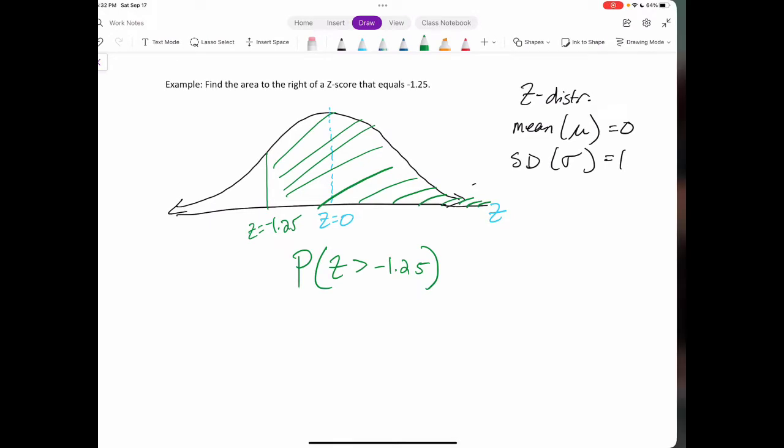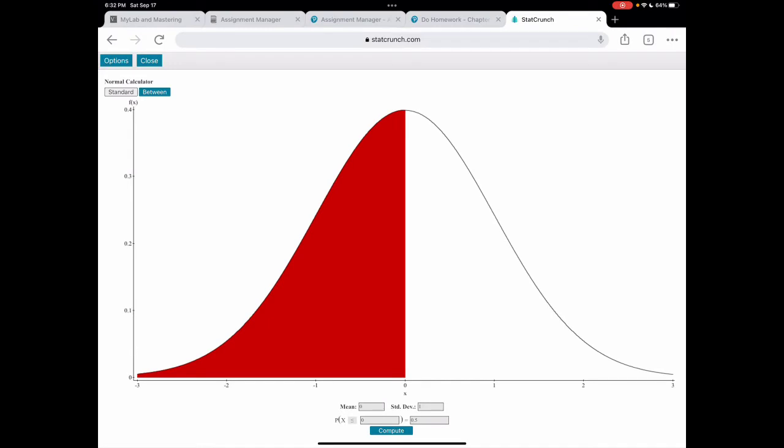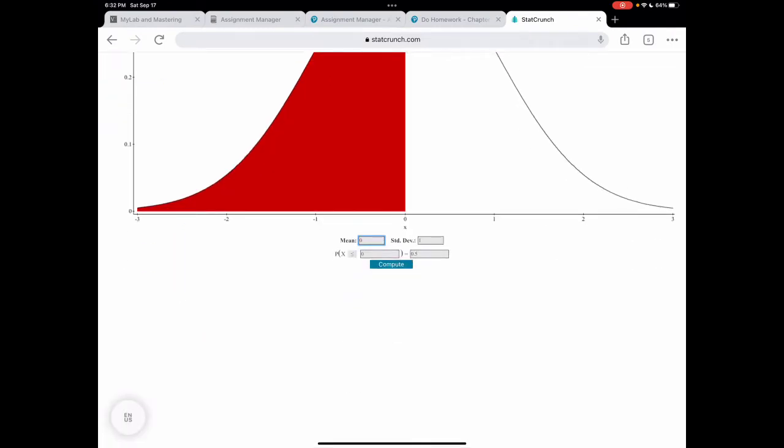So now what we do is, if you go down to the bottom of our calculator, they need to know what's the mean of your normal distribution. Well, our mean is 0 because we are dealing with the z distribution. And our standard deviation is 1. So we are good there.